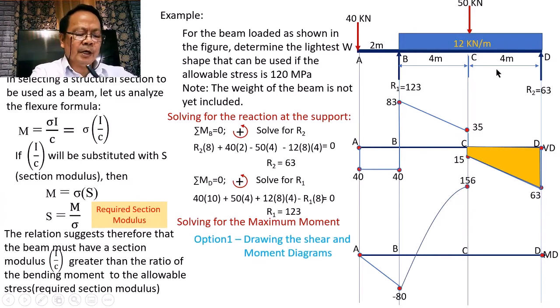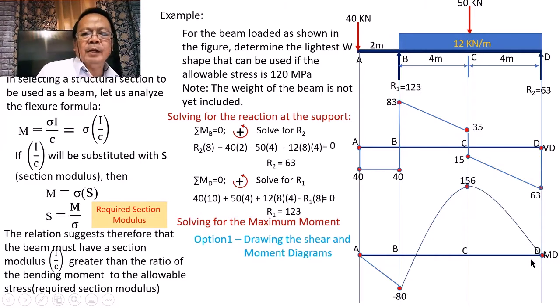Hence, yung kanyang moment diagram will be concave in the downward direction also. Ito yung kanyang concavity. And that gives us now the moment diagram having the maximum negative bending moment at negative 80 and a maximum positive bending moment at 156. Sa makatwid, yung ating magiging design moment will be at 156 kilonewton per meter.